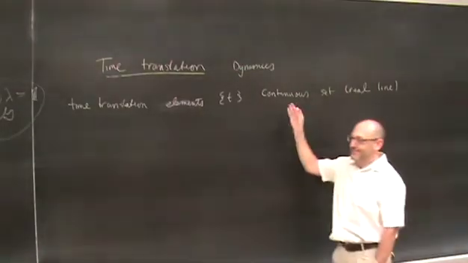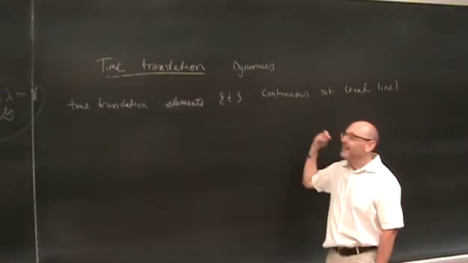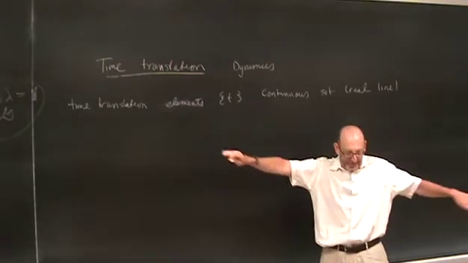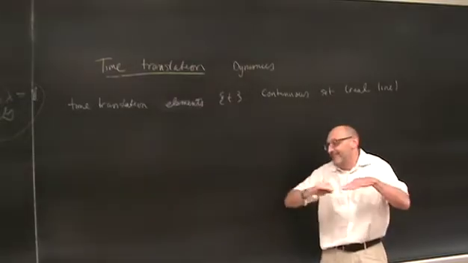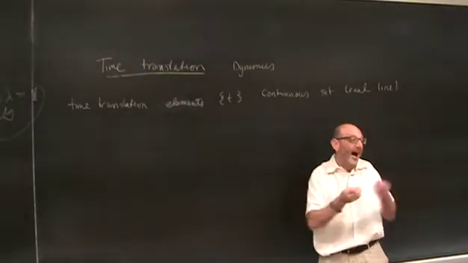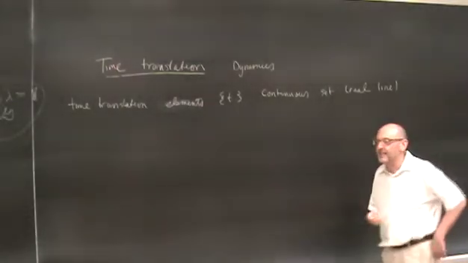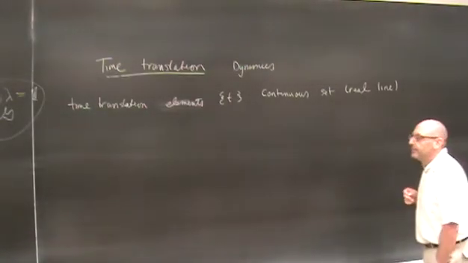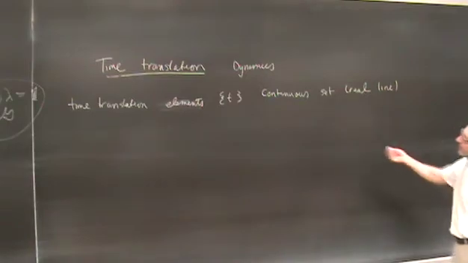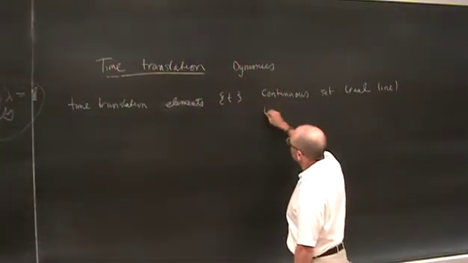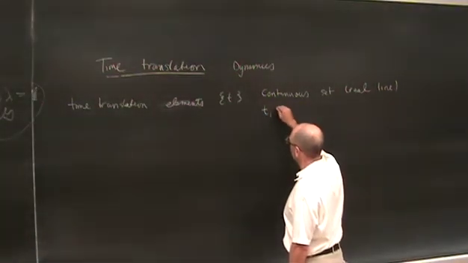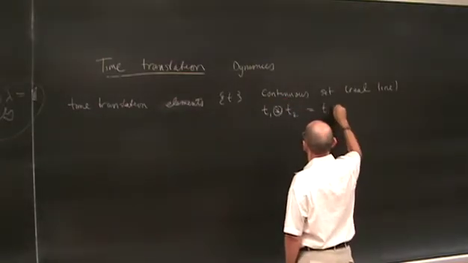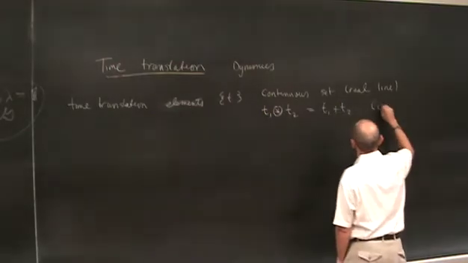This is what makes it a Lie group, that the set of elements of the group forms a smooth surface. In this case, that surface is the one-dimensional line. Okay, that's what makes it a Lie group. The manifold, more precisely. And the composition law here is just, if I have two time translations, well, I just add. So the composition law is addition.